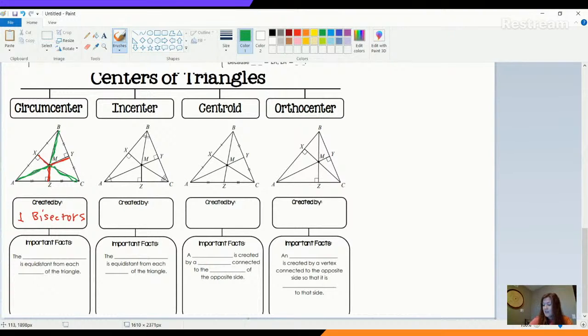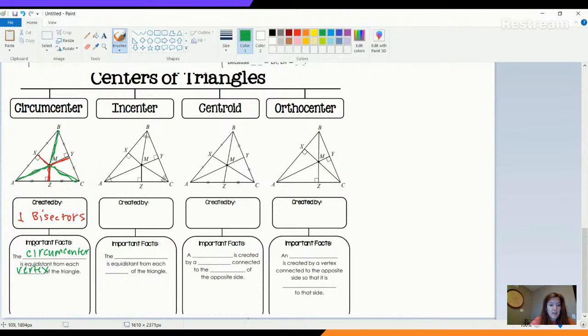So the important fact is that the circumcenter is equidistant from each vertex of the triangle. So that's what the green lines show, right? The circumcenter here at M is equidistant from each endpoint, each vertex. A, B, and C are your vertices.